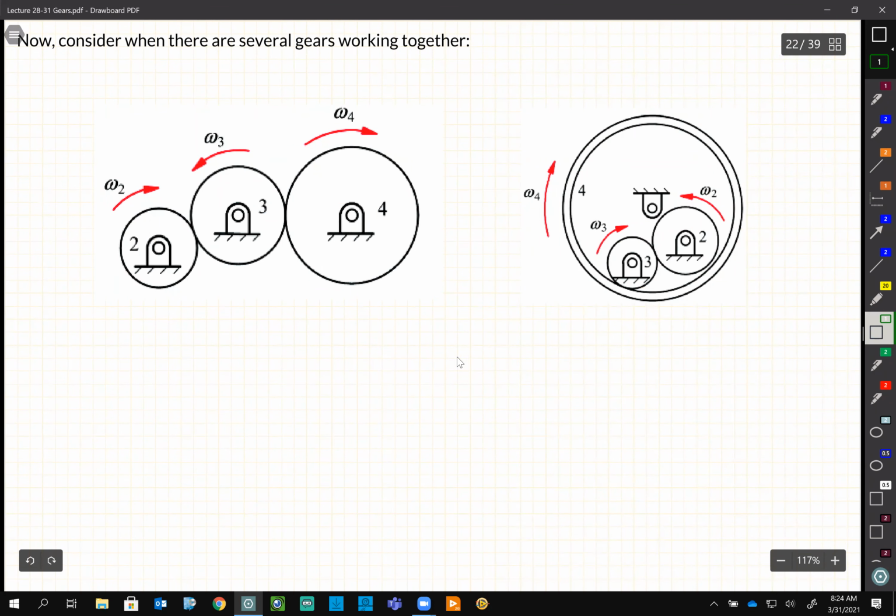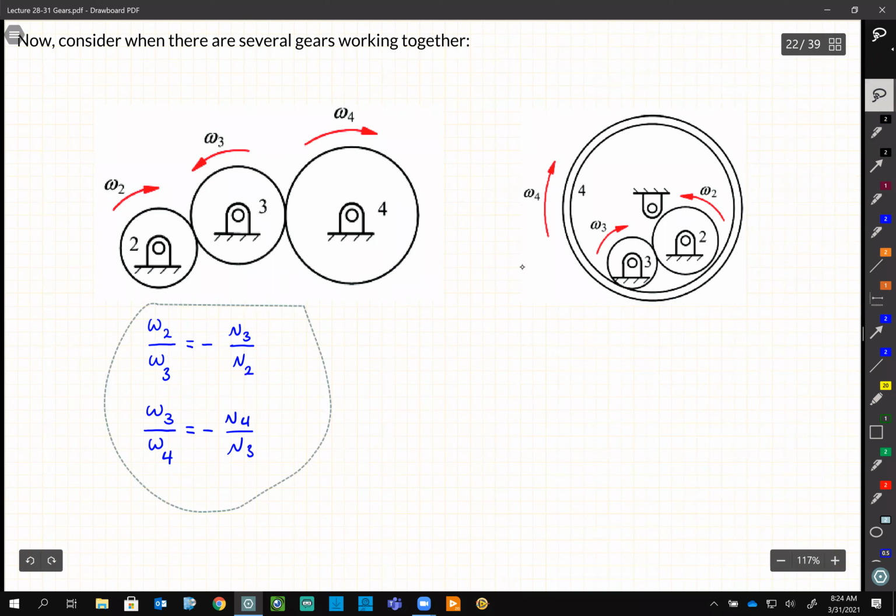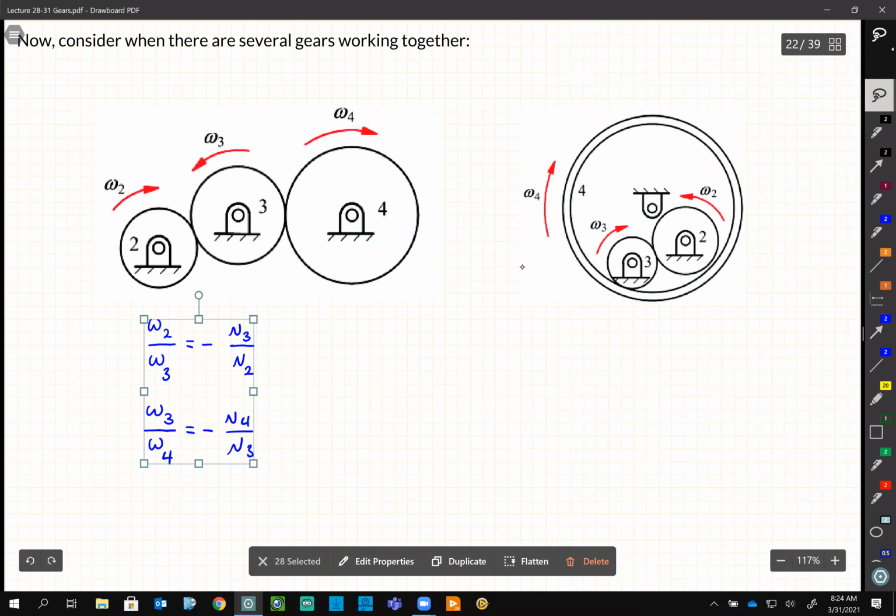So what if we have several gears? No problem. We will start from the beginning and we will find our way to the end. Let's do this one here for the one on the left. So I will write omega 2, when it gets to omega 3, first of all, it becomes negative, and it is N3 over N2. And then omega 3 transfers to omega 4, changes direction, and it will be N4 divided by N3, right?